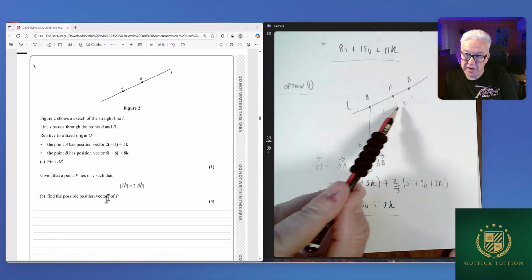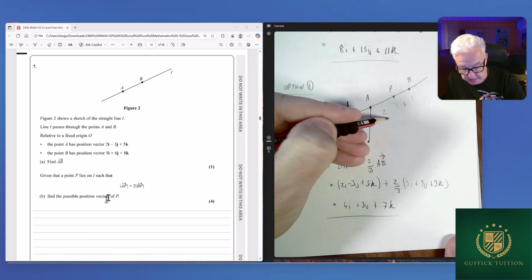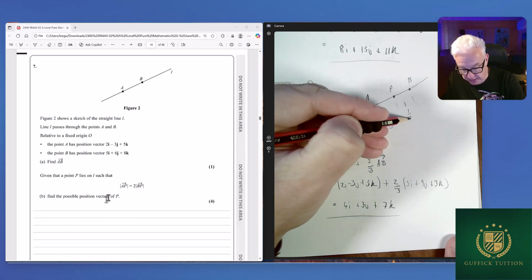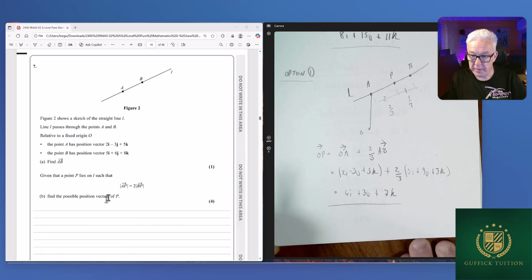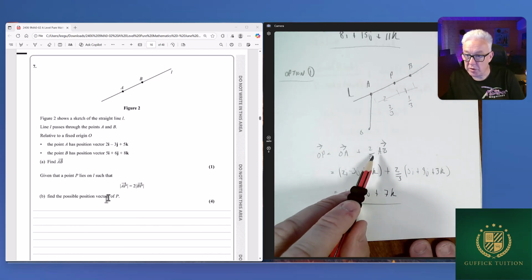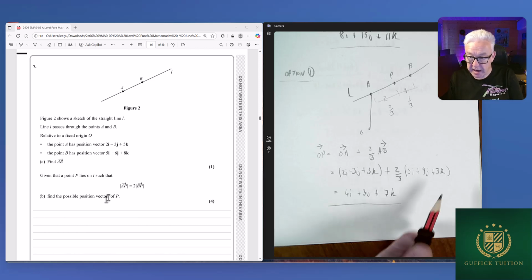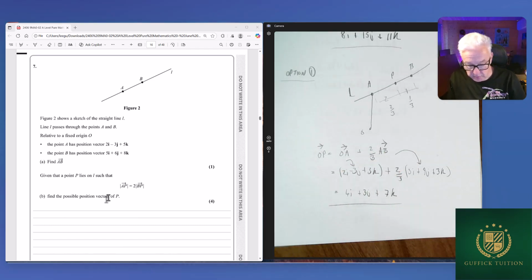Because if the magnitudes are in the ratio 1 to 2, then this is 2/3 of that gap, and that is 1/3 of the whole gap. So we need 2/3 of A to B to get from A to P. We know A to B from earlier and we know O to A, so we just work out 2/3 of it, add them together, and that's our position vector for that one.